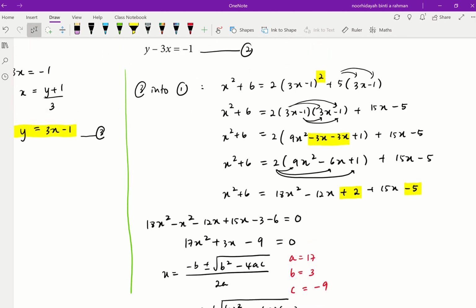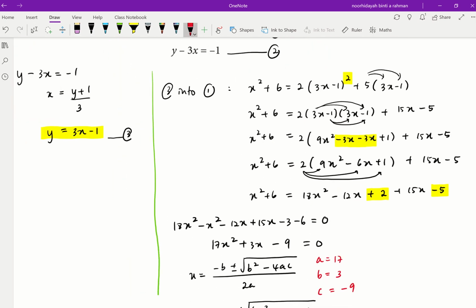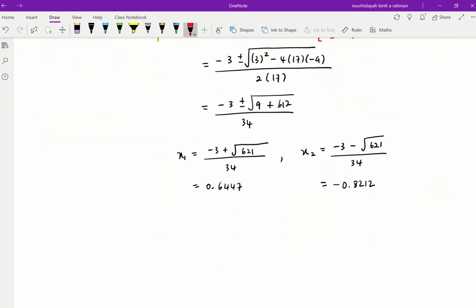And our equation here, y equals 3x minus 1.